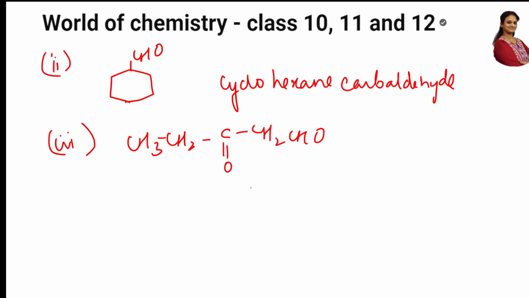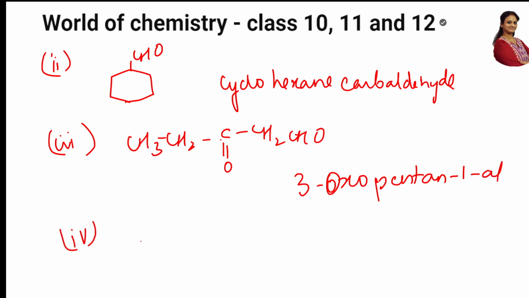So which compound is this, students? This is O, C double bond O. Correct, right? So we call it oxo. How many carbons are there? 1, 2, 3, 4, 5. Pent. Easy. So write down 3-oxopentan-1-al.